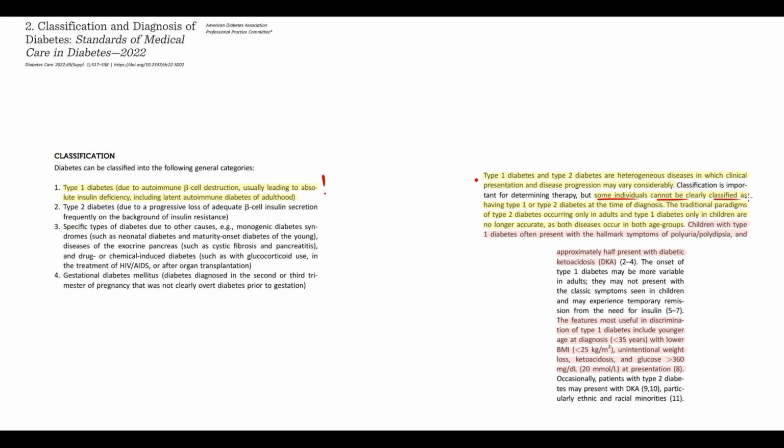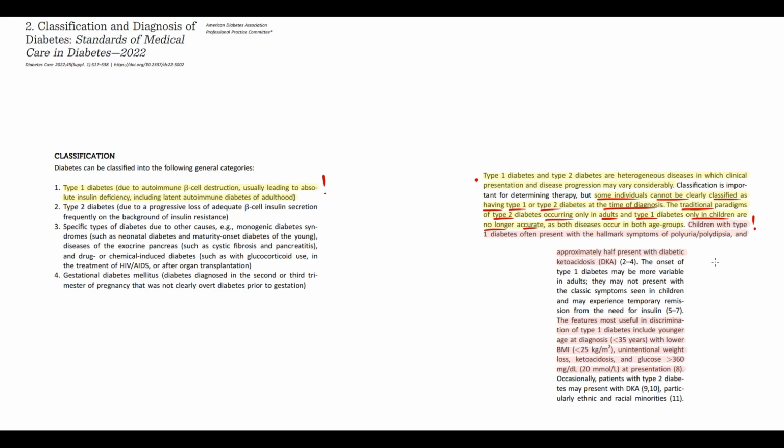The problem is that sometimes it's quite hard to determine which subtype of diabetes it is. In most cases, type 2 diabetes affects adults, and type 1 diabetes affects children. But nowadays, we know that exceptions are possible.